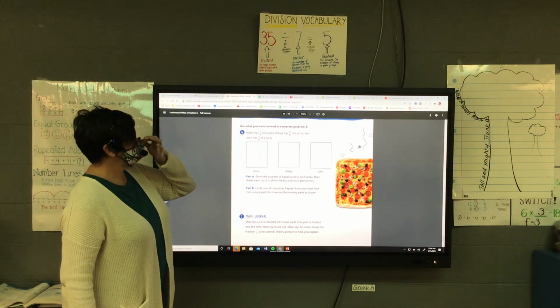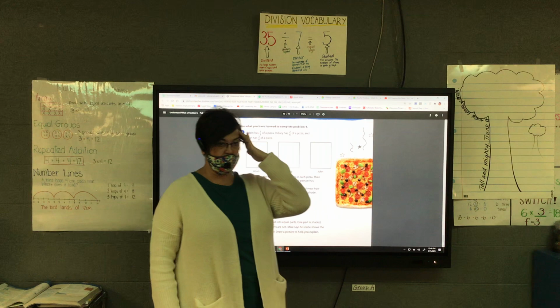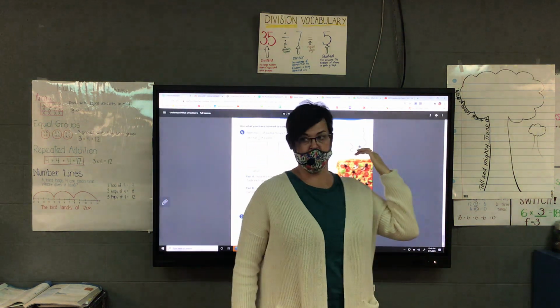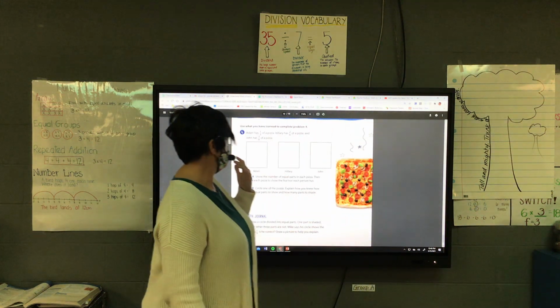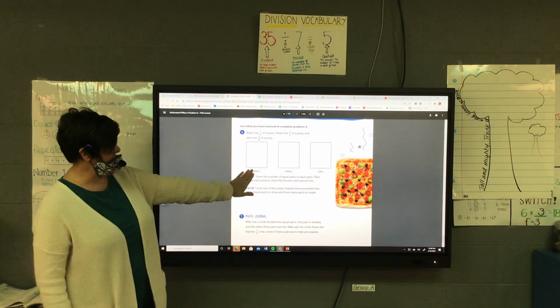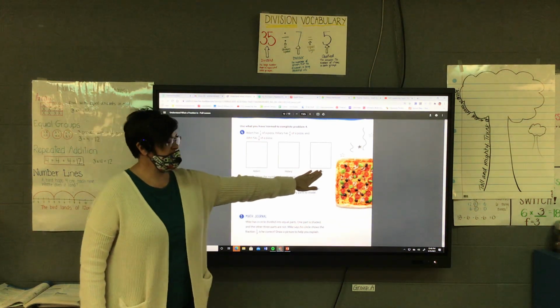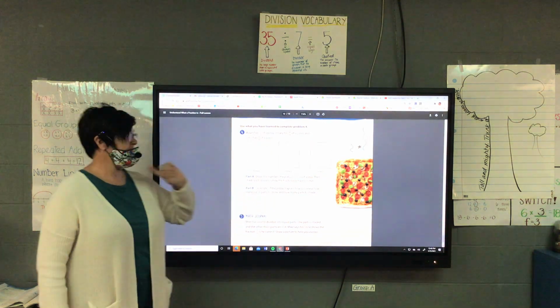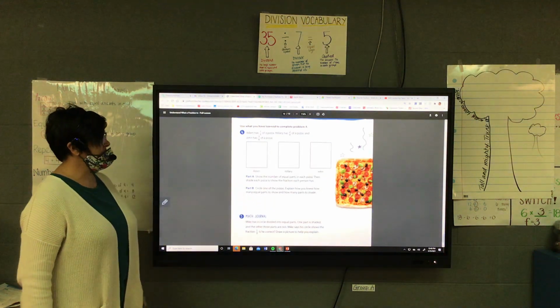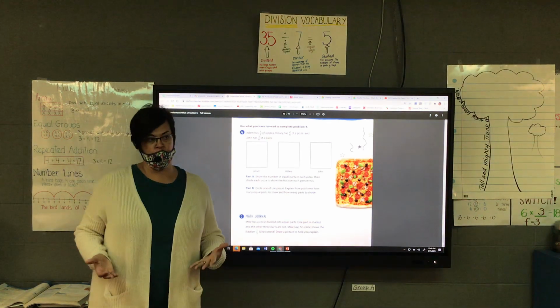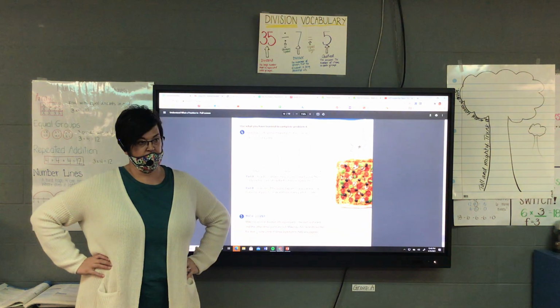Okay, so we're going to think about what we've learned about fractions to help us complete problem 4. Do you see Adam right down here? And then Hillary in the middle? And John over here? Okay. Adam has 1/3 of a pizza.